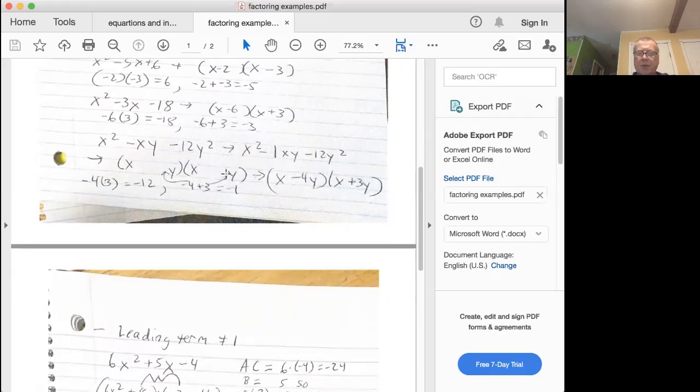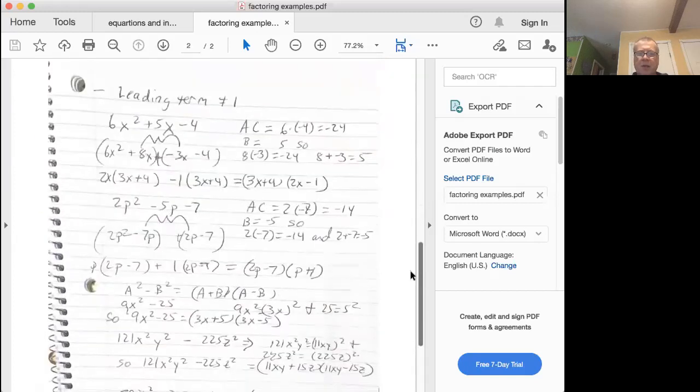Those two numbers in this case would be minus 4 and 3, because minus 4 times 3 multiplies to be minus 12, and minus 4 plus 3 adds up to be minus 1. Now the difference here is that in the second term, inside each set of parentheses, we put a y here. Why? Because we need a y squared and a y when we multiply out. And so instead of just putting a minus 4 and a 3 here, we put a minus 4y and a plus 3y.